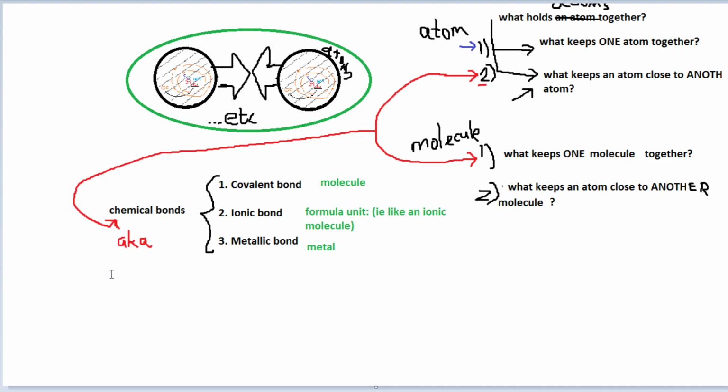That is why chemical bonds are also called, and I'll put AKA here, intramolecular forces. Because the word intra means inside. So these are the forces inside a molecule. And of course, the forces inside a molecule is the answer to question 1. It's what keeps a molecule from falling apart.